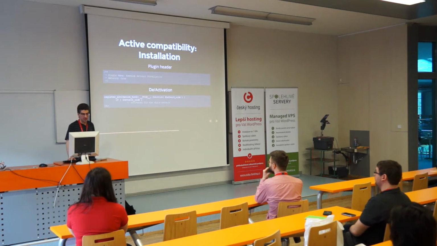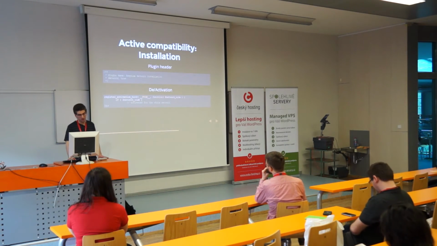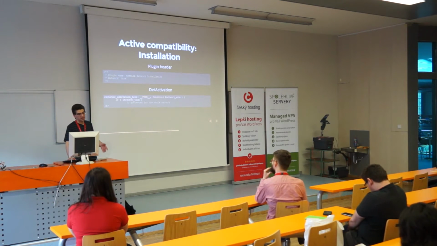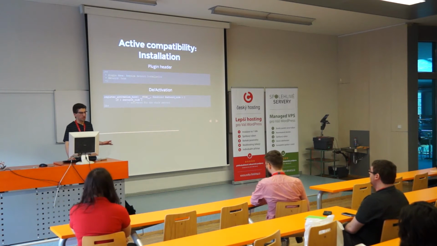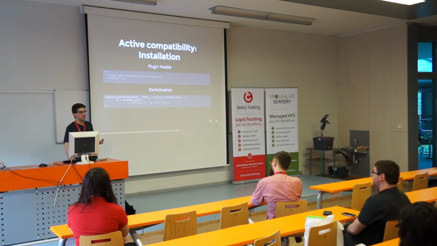The same is available for the deactivation. You get this parameter again. This is the only thing that you can rely on. The plugin header is just a suggestion. You cannot rely on it actually working.